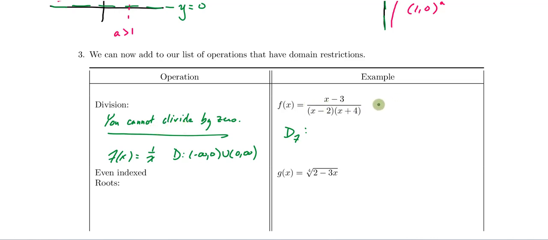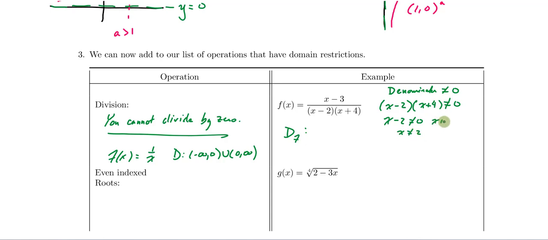So what I'm going to ask you to do when you work these problems is to say we need the denominator not to be 0. In fact, let's just write that. The denominator cannot equal 0. And so there's our denominator, x minus 2 times x plus 4. And so we have that x minus 2 cannot equal 0, so x cannot equal 2.